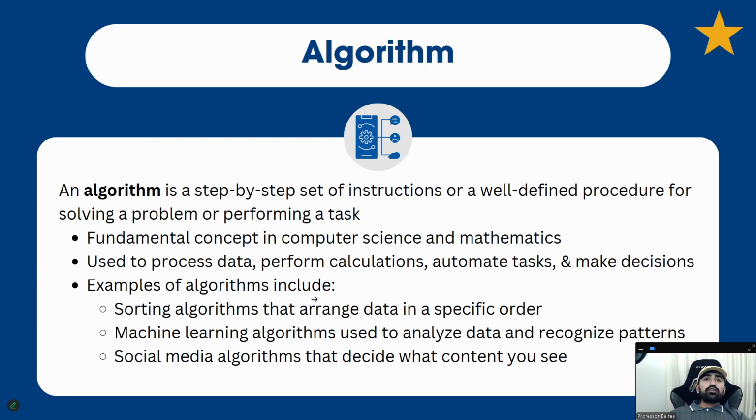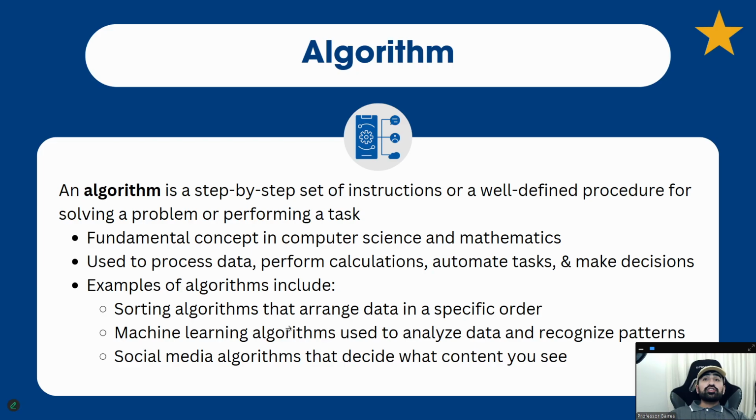So examples of algorithms include sorting algorithms. Those help us arrange data in a specific order. That's what makes it possible for you to get your social media feed in the order of newest to oldest. That would be terrible if it was all just jumbled up. It also enables us to sort files on our operating system. You always want to see the newest files. Well, there's probably going to be some sorting algorithm employed there. More cutting edge, there's machine learning algorithms.